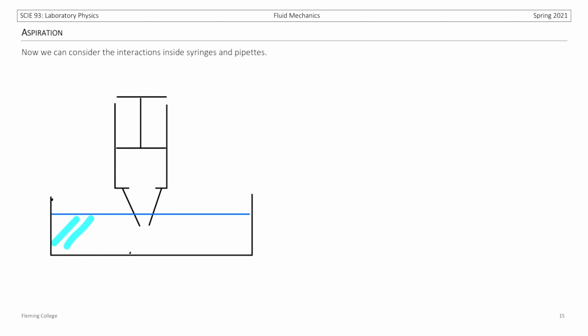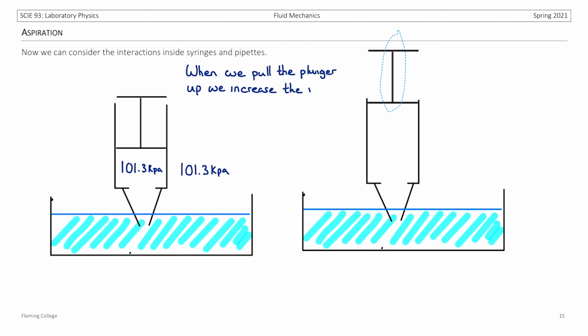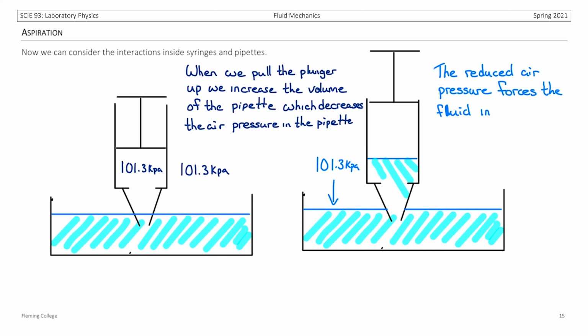If we take a pipette and we place the tip underneath a fluid, this is effectively making the container a closed container. When we pull the plunger up, we're increasing the volume of the pipette, which decreases the air pressure in the pipette. With the reduced air pressure, the forces on the fluid outside of the pipette try to push the fluid into the pipette until all the pressures stabilize.